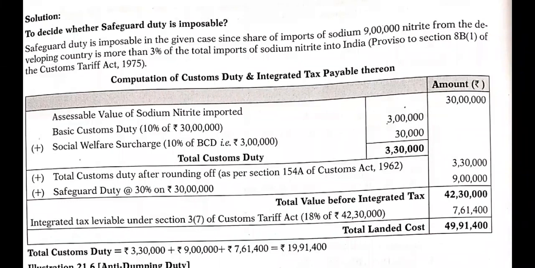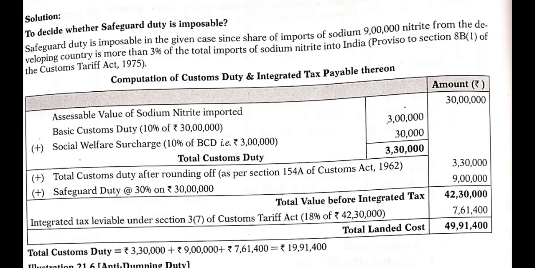Safeguard duty is imposable in the given case, since the share of import of sodium nitrate from the developing countries is more than 3% of the total imports of sodium nitrate into India, right? So when is the safeguard duty imposable? Suppose the share of import is more than 3% of the total import of that particular product in India.